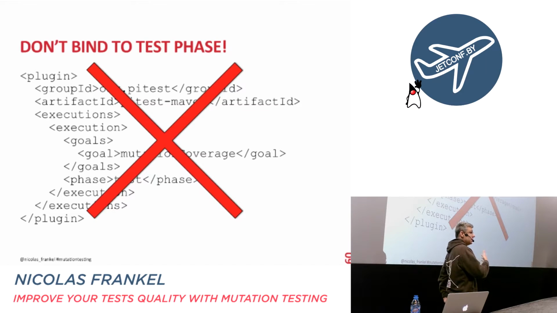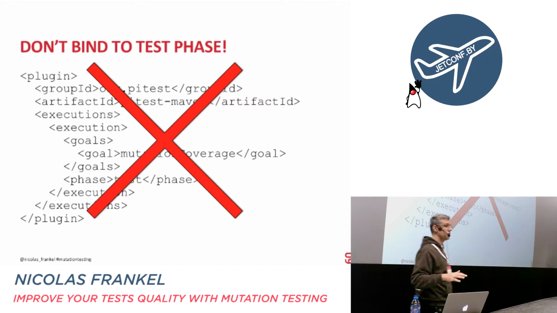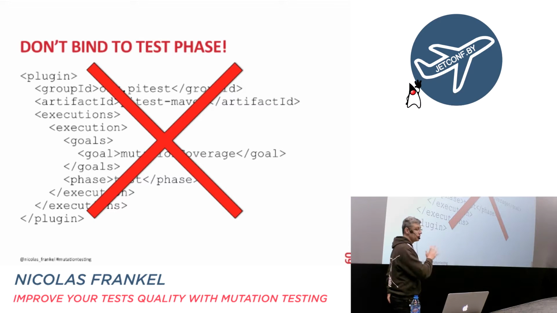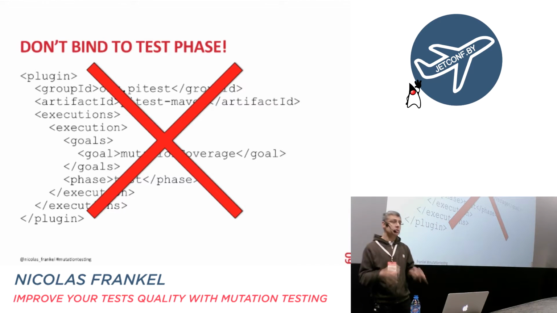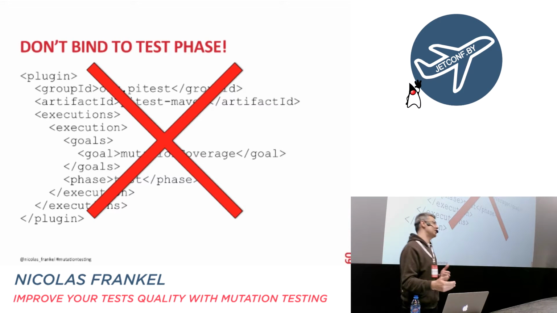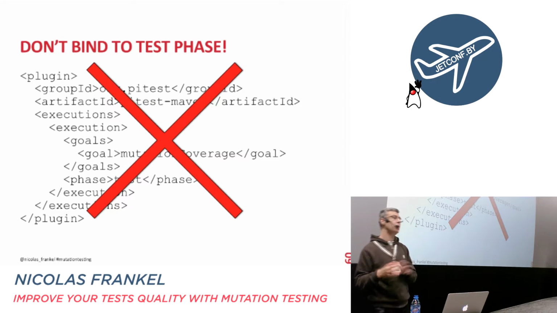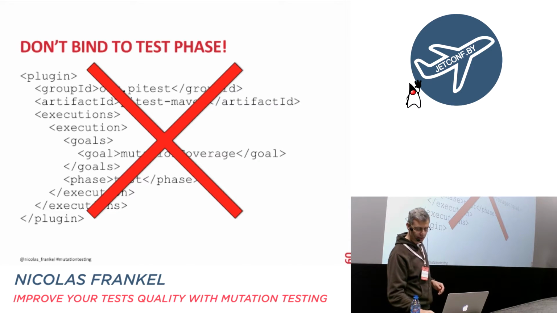That's very good in a demo. It gets things done much more easily, but you don't want to do that in your real project. Because that means that if you want to test the code you just created, then it will run for ages. That you don't want. On the opposite, you want to decouple the normal Surefire plugin from the mutation coverage plugin.